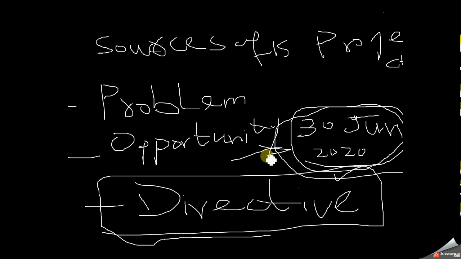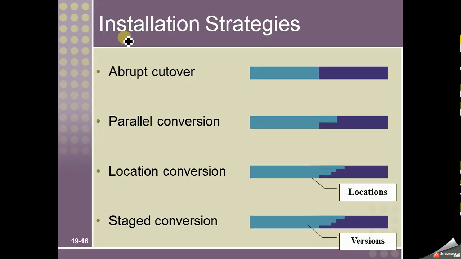If you do not have a new system on this date, you will have huge penalties or you will have to close your organization. If this is the case, then only will we go for abrupt cutover. We could complete the development of the new system just on that date, and now we do not have any option, so we are forced to use abrupt cutover, right?